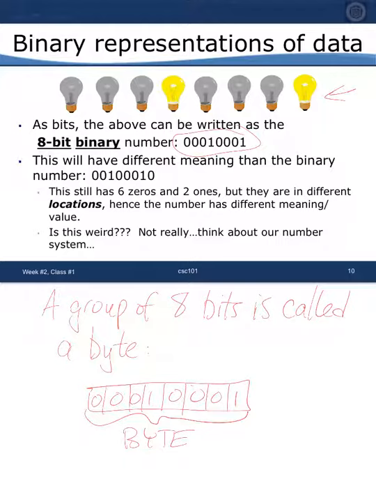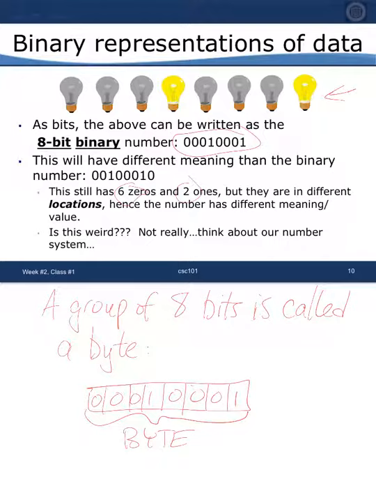So what else to say about this? Well, this number has 6 zeros and 2 ones. But the location of where they are should have some sort of meaning. In other words, if I take these zeros and ones and rearrange them, that probably has some new meaning. We saw that in the examples with the light bulbs earlier, that you can maximize your number of codes.